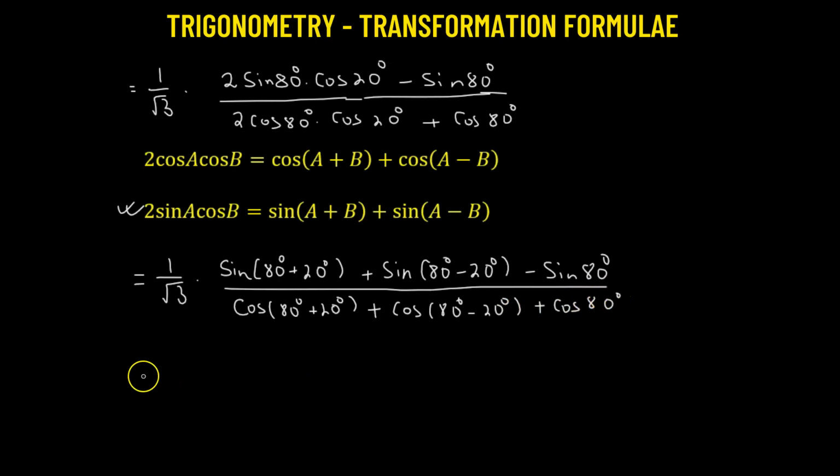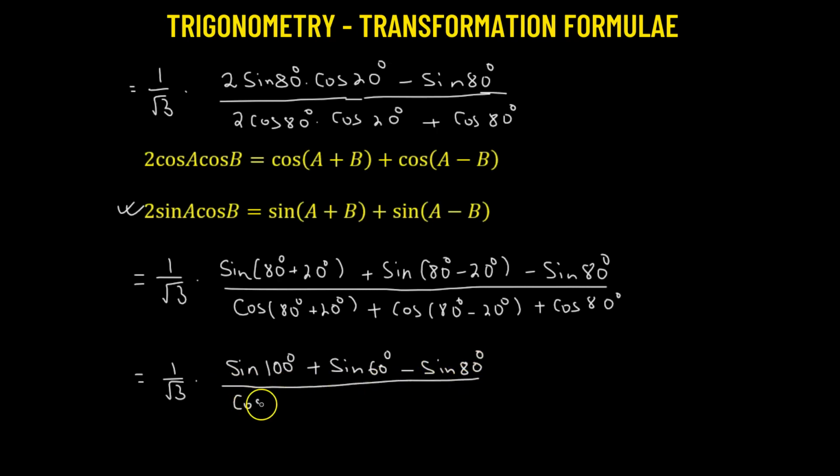Fine. So this will be 1 over square root of 3 times sine 100 degrees plus sine 60 degrees minus sine 80 degrees, whole divided by cosine of 100 degrees plus cosine of 60 degrees plus cosine of 80 degrees.